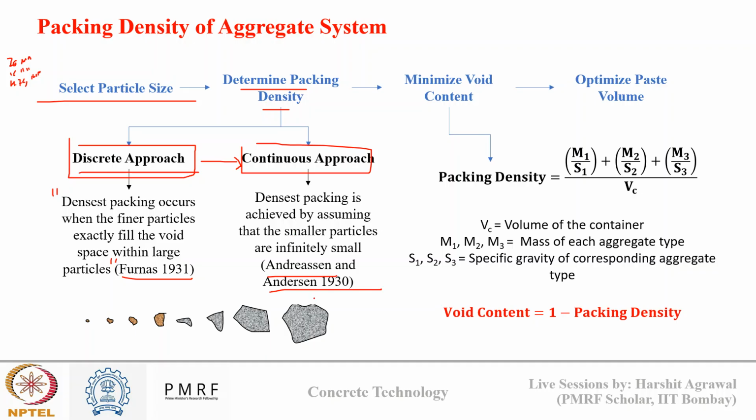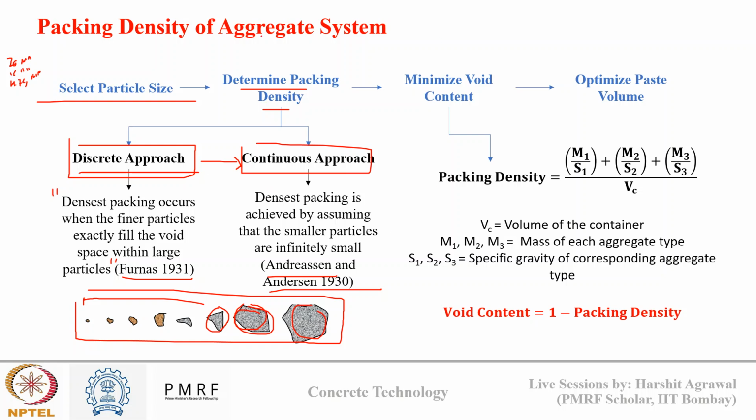This means that void space between coarse aggregates shall be continuously filled by finer aggregate sizes, like you can see in this image. Voids between this size of aggregate will be filled by this aggregate, then voids between these will be filled by the further smaller aggregate, and so on till the finest aggregate available. Okay, so this is known as the continuous approach.